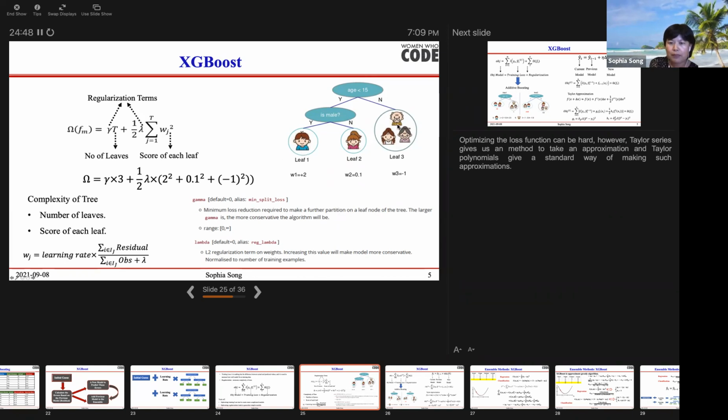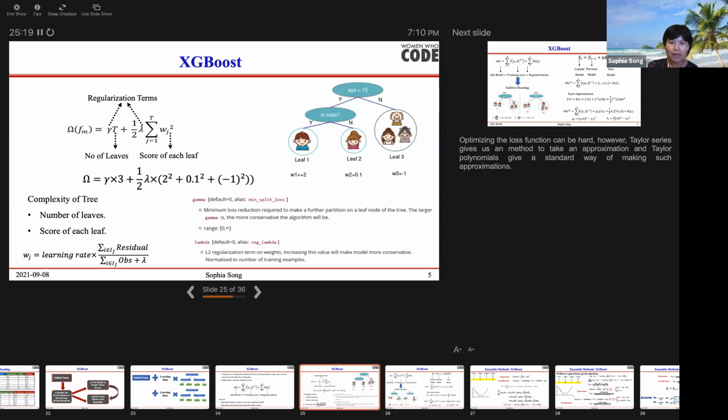For example, this residual plus that residual plus the next one, divided by 3, is this leaf's weight. So each leaf has a weight, right? Sum them together, then plus your gamma times the number of leaves, and you get the regularization term. That's the XGBoost regularization term.